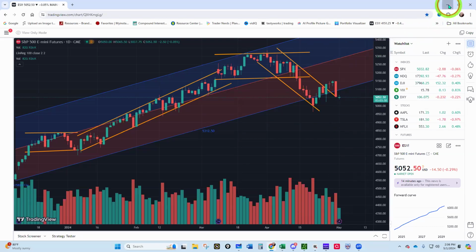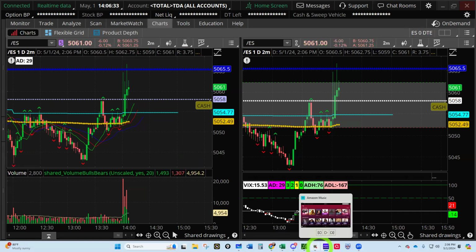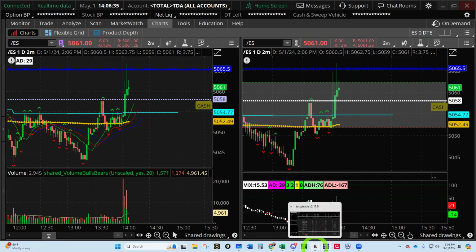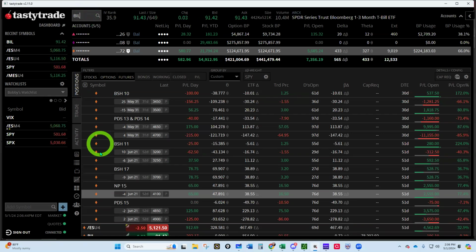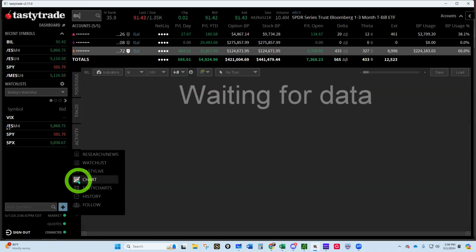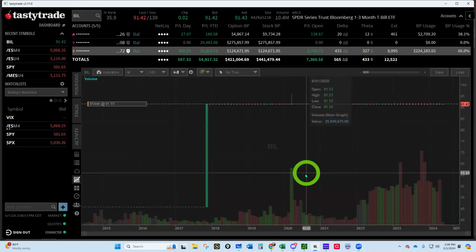So let's see how we're doing today. Now remember, for those of you that trade Bill, our net lit will be down today artificially because Bill has gone ex-dividend. Let me just show you what it looks like. Let's look at the chart on that. Then you'll see the drop for the amount of the dividend.